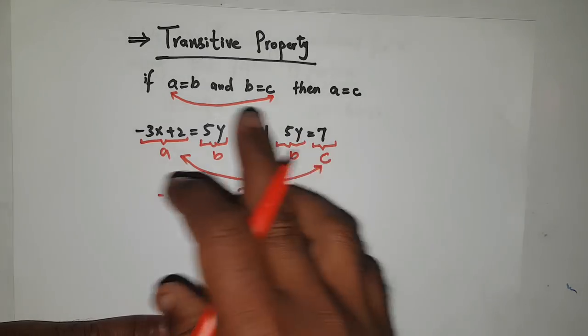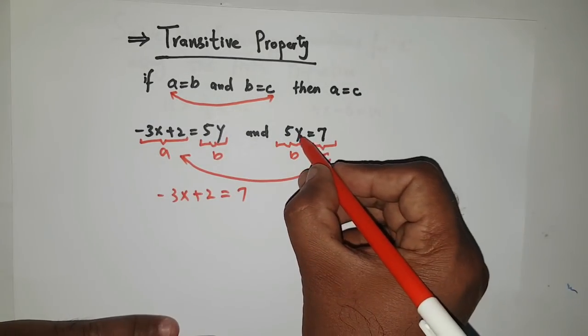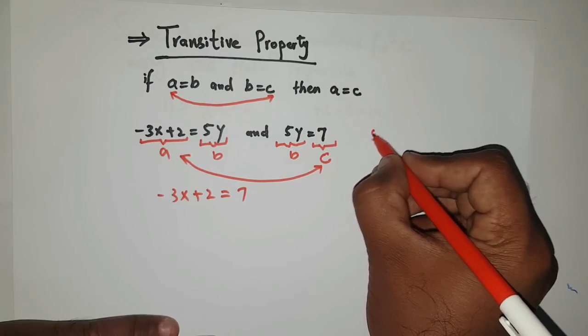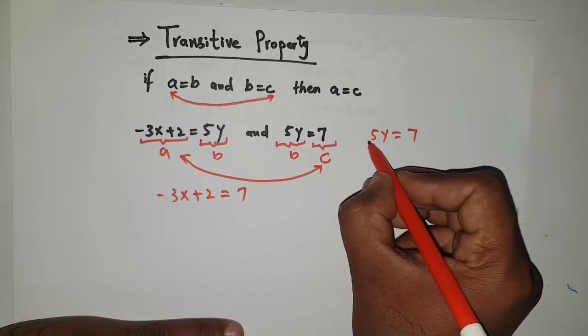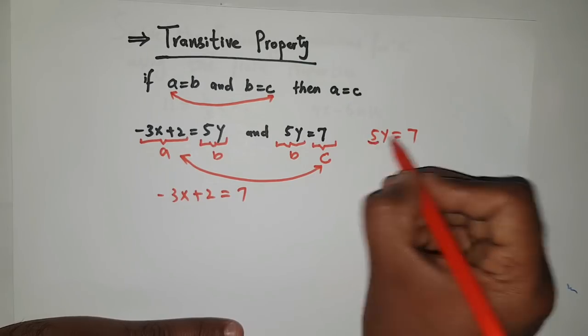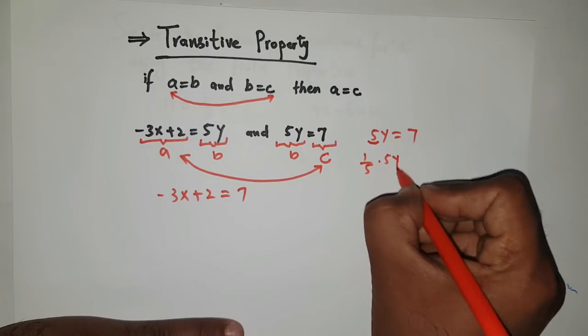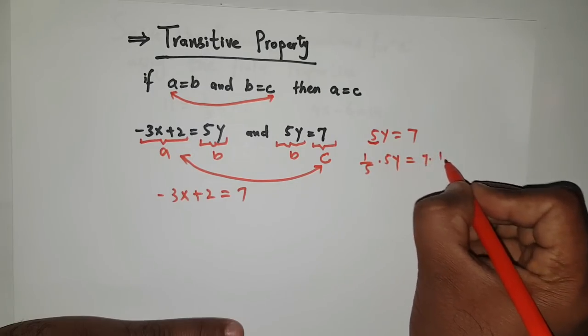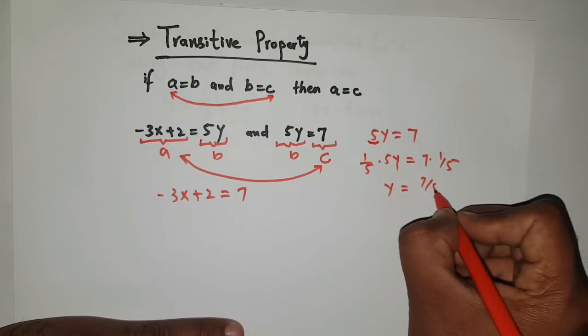But if we don't use the transitive property, then we will have to find the value of y. 5y is equal to 7, so we want to remove 5 from here. We will multiply by its reciprocal, which is 1 by 5, on both sides, and we will get y is equal to 7 by 5.